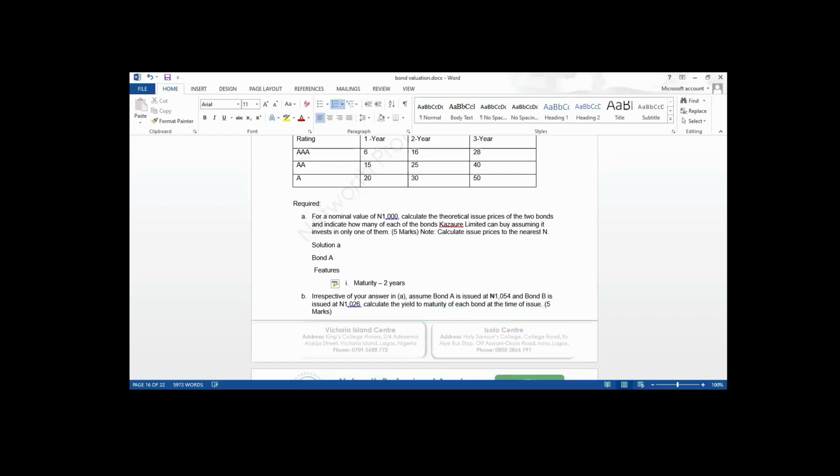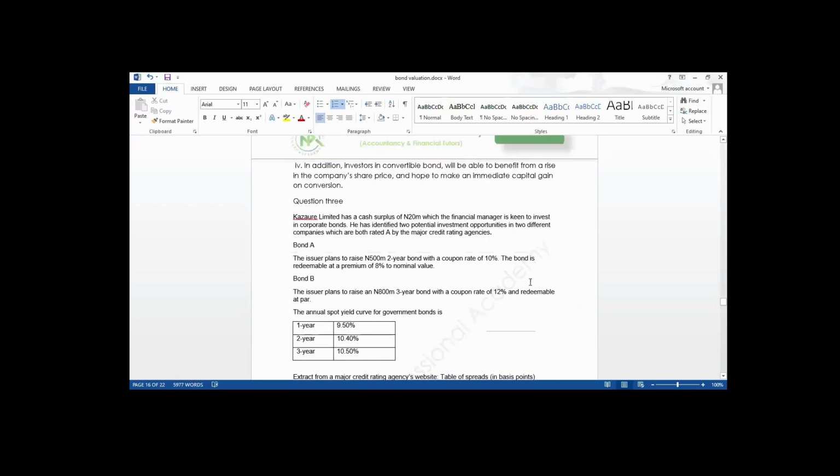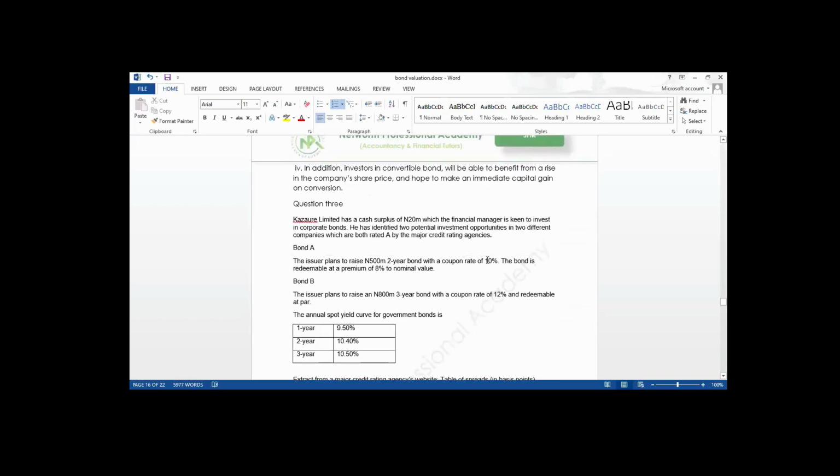What is the coupon rate on bond A? Look at it and tell us. Annual coupon rate for bond A. What is the coupon rate?